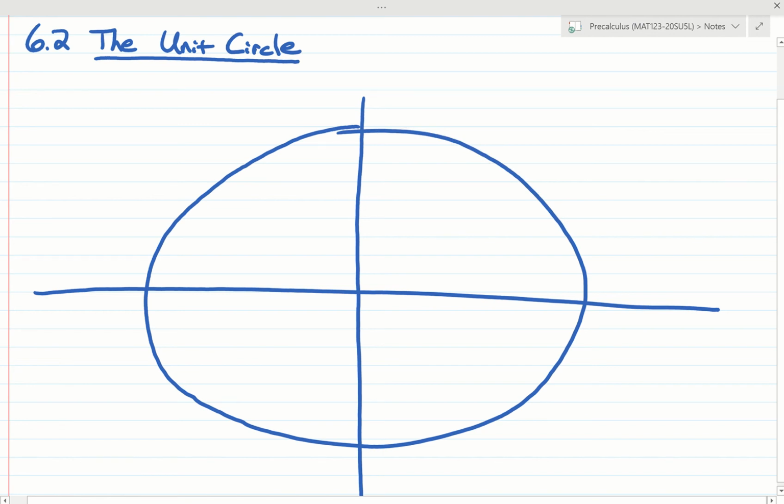Now the radius is 1, which means that this point right here, a quadrantal angle, has the coordinates 0, 1. This is 90 degrees. And if you convert it to radians, 90 degrees is the same thing as pi over 2. This is 0 degrees, or 0 radians. If this point is 1 unit away from the origin, it has the coordinates 1, 0.